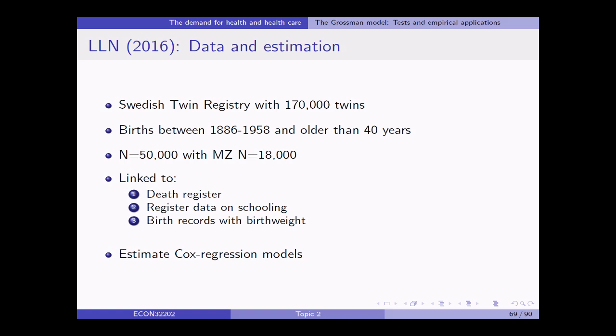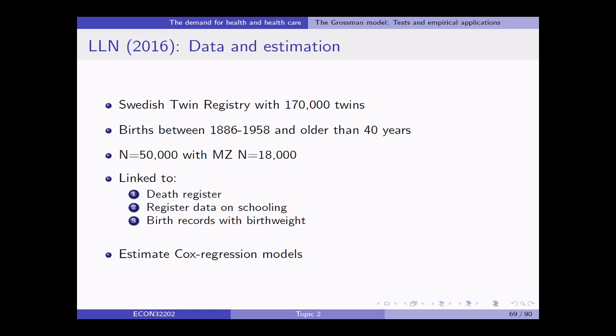They had information on every single twin pair born in Sweden between 1886 and 1958. So 170,000 twins, of which they picked a random sample just to make it computationally easier: 50,000 twins, of which about 18,000 were identical. The other 32,000 were twins, but not identical twins.